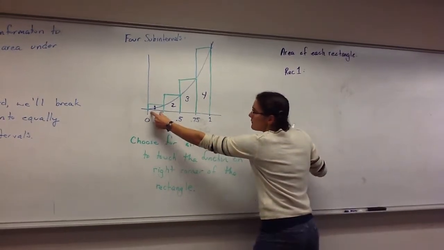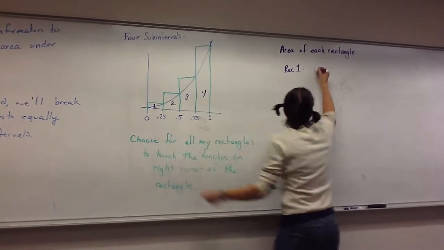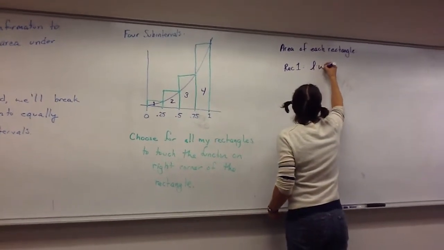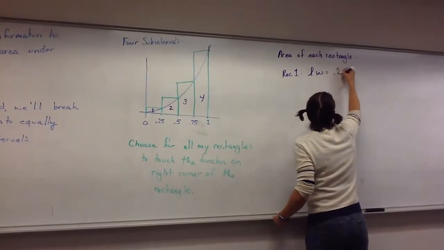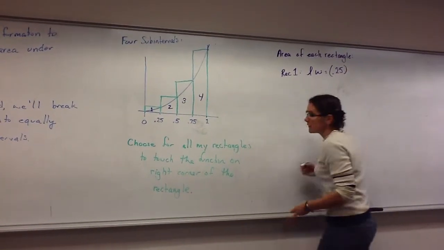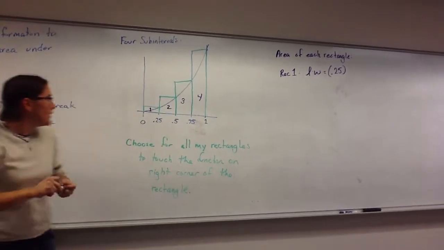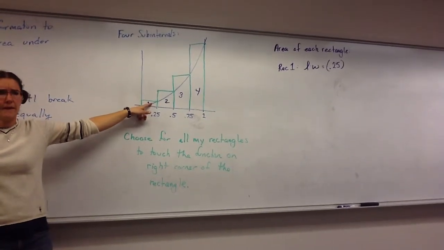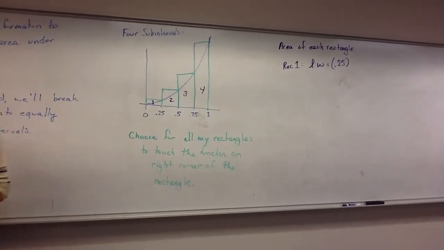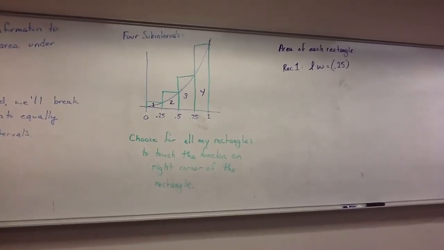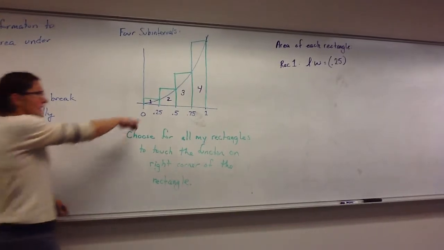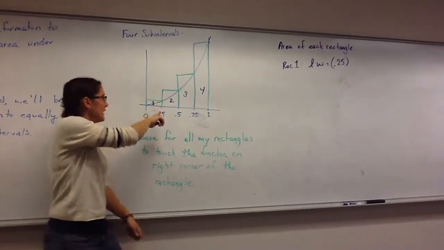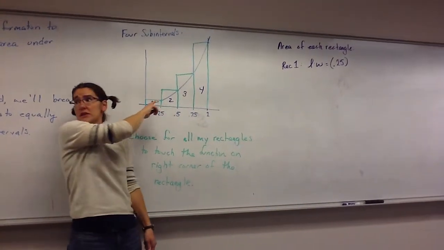And so the base is a width of 0.25. How do I figure out the height of this rectangle? F of x. Okay, so yeah, the height of this rectangle here depends on the curve, and in particular, the right-hand corner is touching the function.